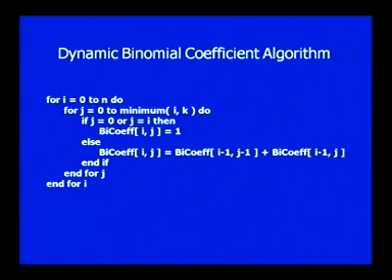So, now you can see very well the program aspect. I have the recursive equation, so all I have to do is convert that into an algorithm like this. For i equal to 0 to n, for j equal to 0 to minimum of i comma k. Why are we giving a minimum of i comma k? Sometimes we may not wish to generate all the values of the table.